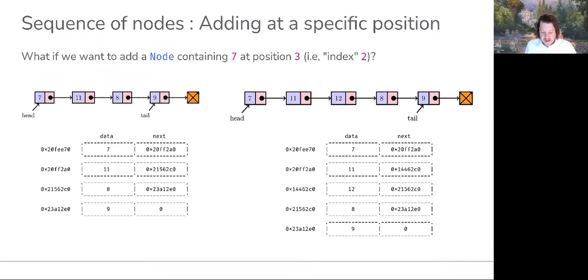So the question here is, what if we want to add a node containing 7 at position 3? And if you're thinking about these as 0 indexing as an array, position 3 is where node 8 currently resides. So what we want to happen is we want to put this node, I think that actually should have said 12 in here.